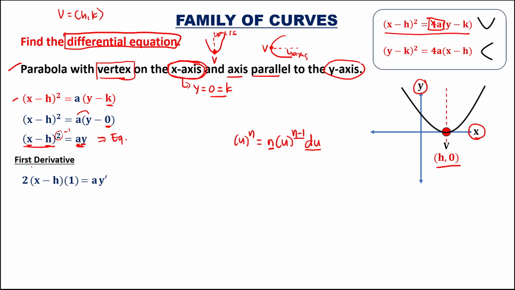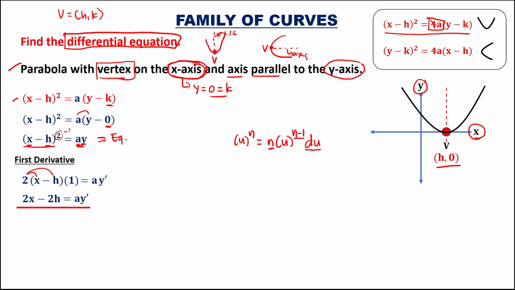Then to simplify, multiply, so this becomes 2x minus 2h equals a y prime. So this is now the first derivative.